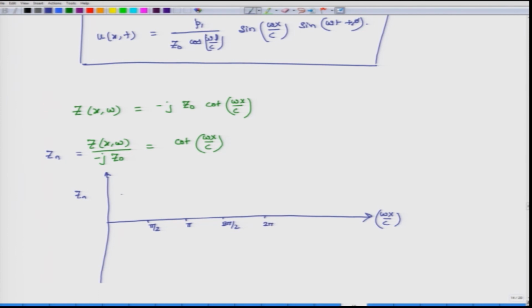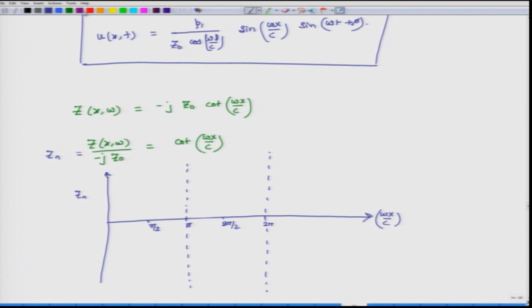Then at x equal to 0, Zn is infinite, because cotangent of omega x over C is infinite. At omega x over C equal to pi over 2, tangent of pi over 2 is infinite, so this number becomes 1 over infinity, that is 0.